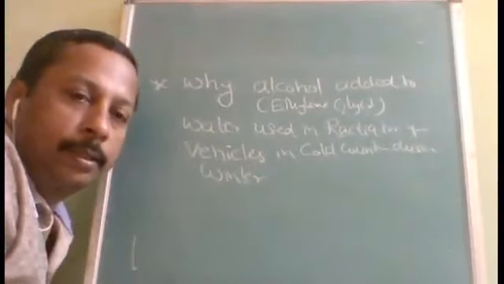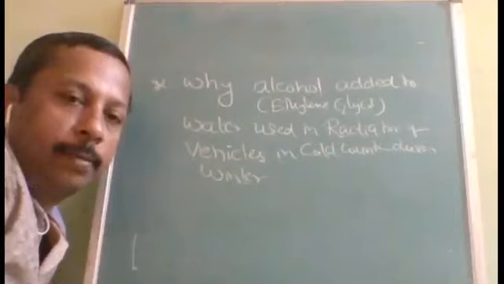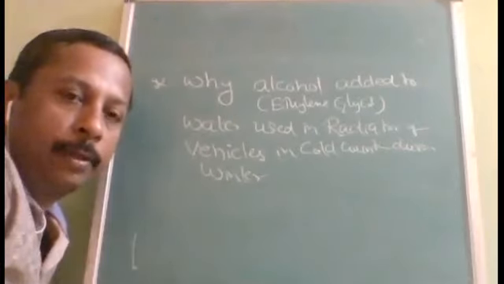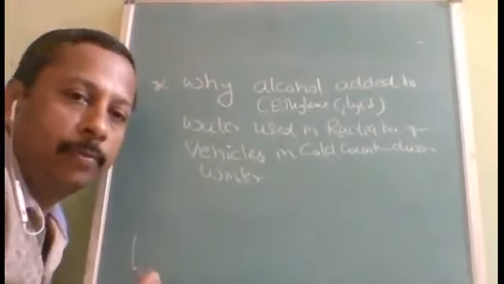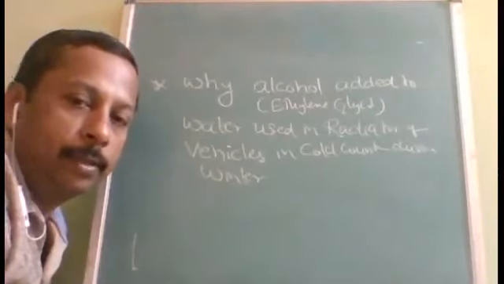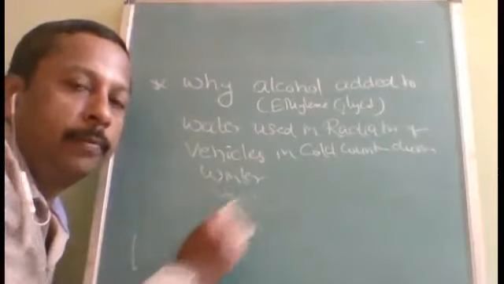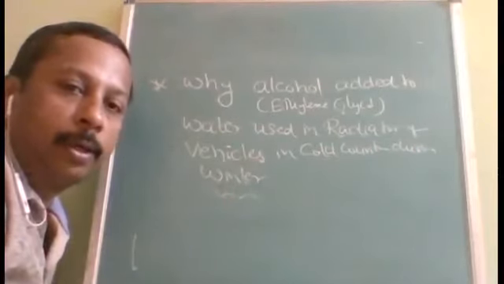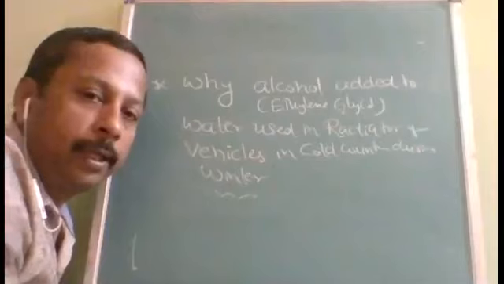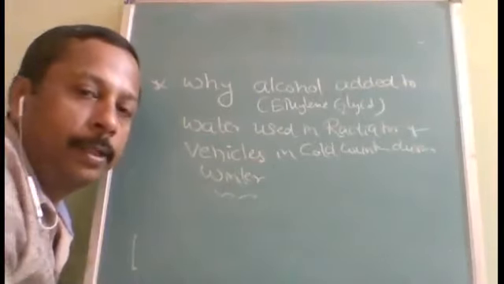A radiator is the thing which carries the heat from the engine to the different parts outside. Normally we will put water in the radiator for cooling of the engine. But in cold countries, and that too in winter, along with water, some amount of ethylene glycol is also added. Why is it done?